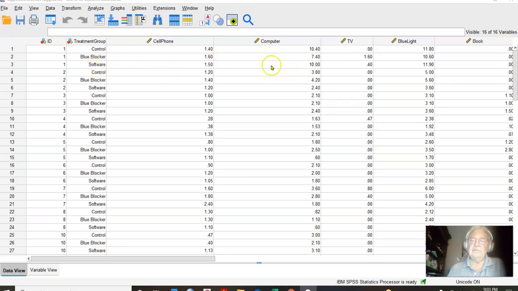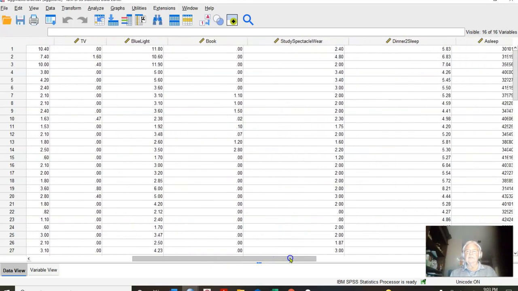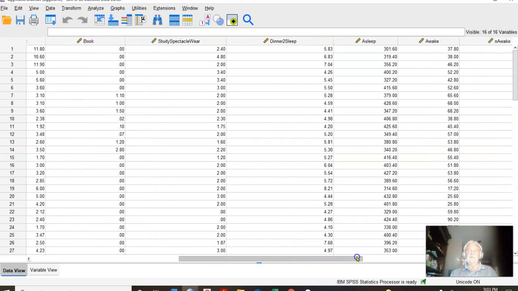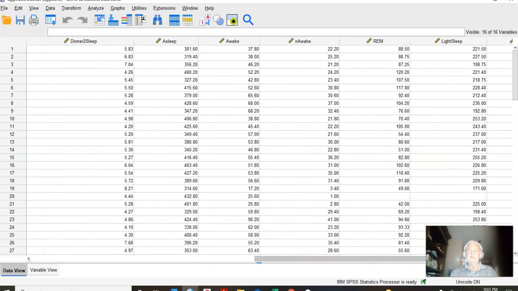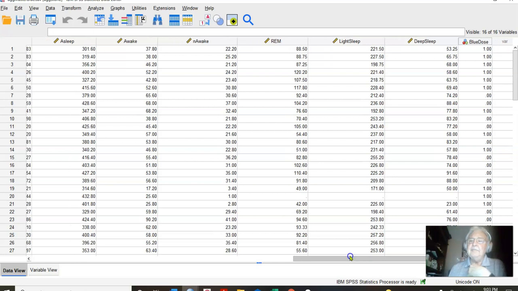People kept a diary of how much blue light they were exposed to at night in terms of computer, television, and so forth, and then wore a Fitbit to determine the total minutes they were asleep, awake after they'd gone to bed, the number of times they came awake, rapid eye movement time, light sleep time, and deep sleep time.